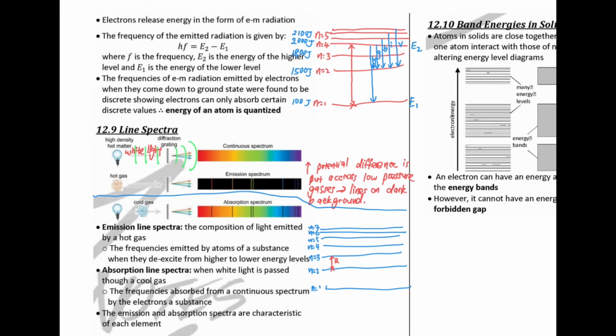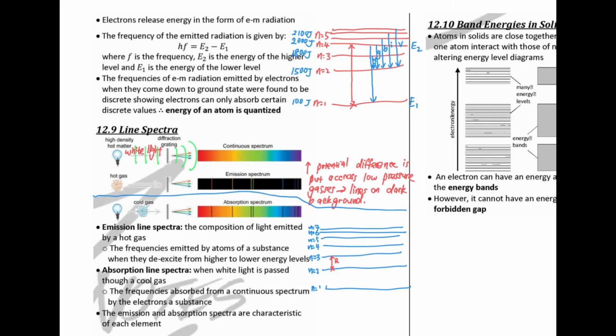So that's why this line is missing, because the energy is used to absorb light, so that they come from n equal to 2 to n equal to 3. And they absorb light.